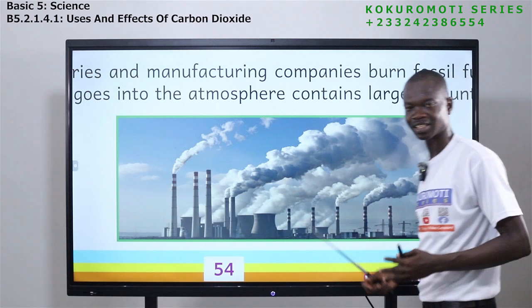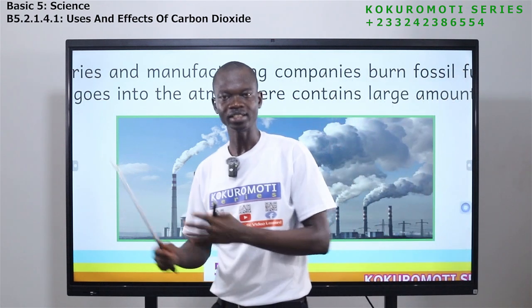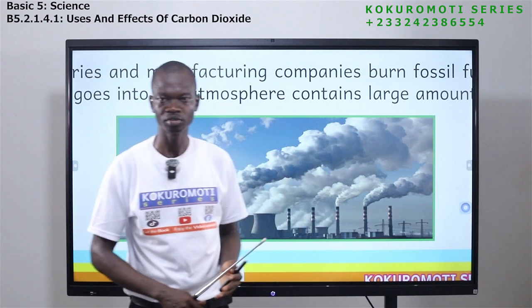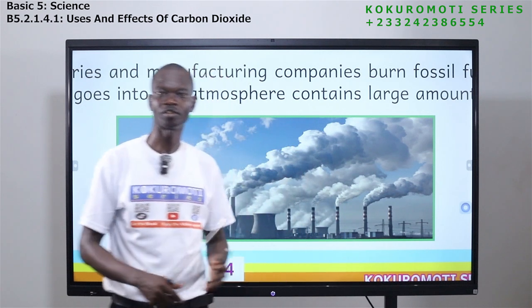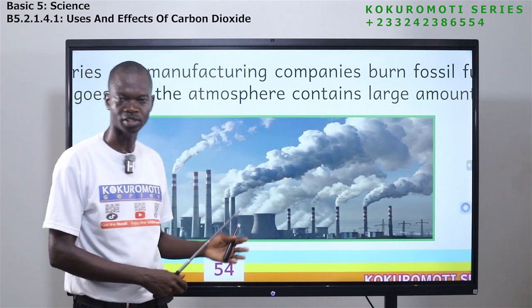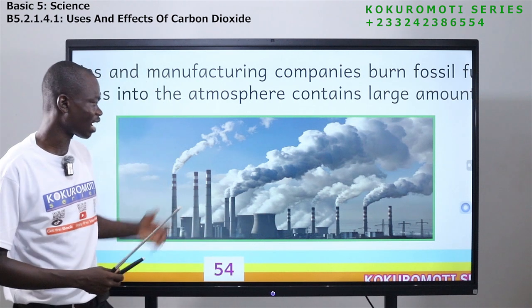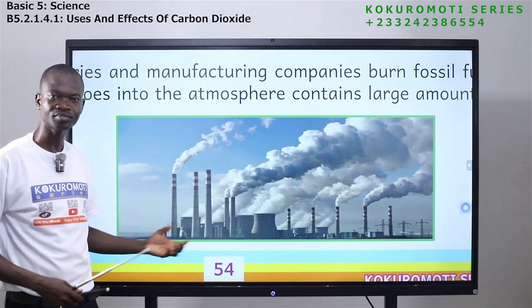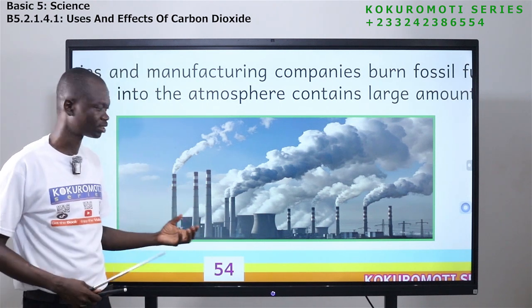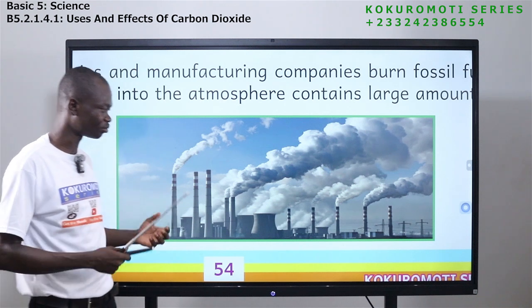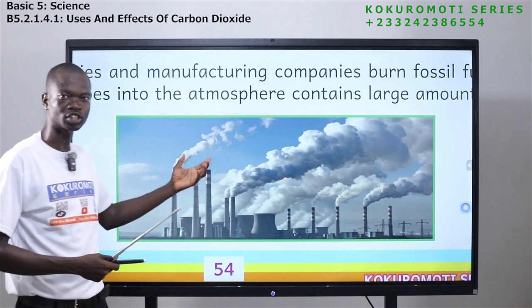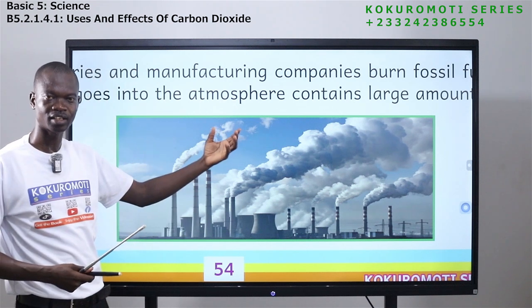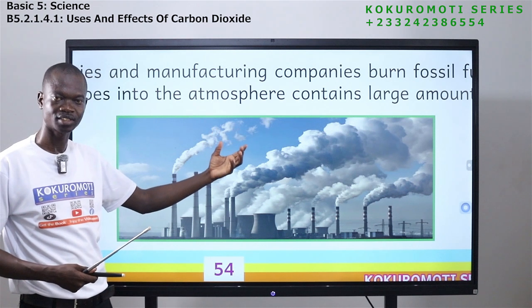These machines are able to work. They get their energy from petrol, from diesel, from other fossil fuel. And after they have been used, the smoke goes into the air as waste.